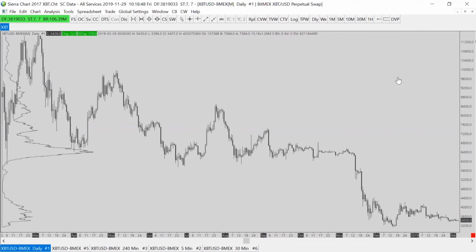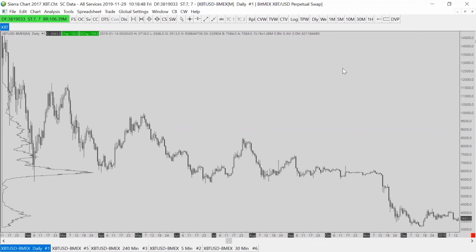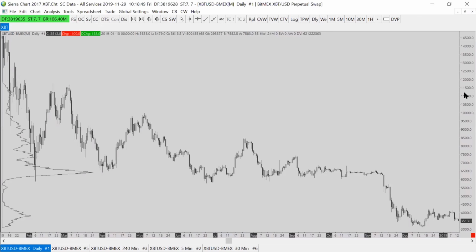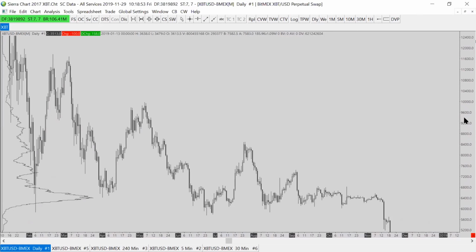So in this example, I just mark out all the low volume nodes here.